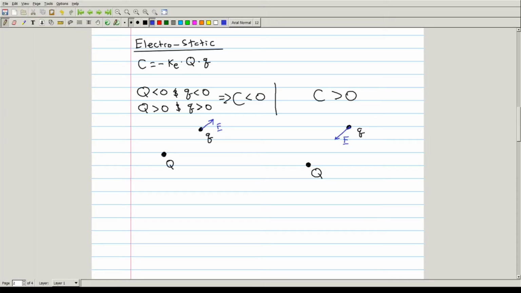So the next thing that we want to talk about is the topic of differentiation of a vector field and what it means to differentiate a vector field.